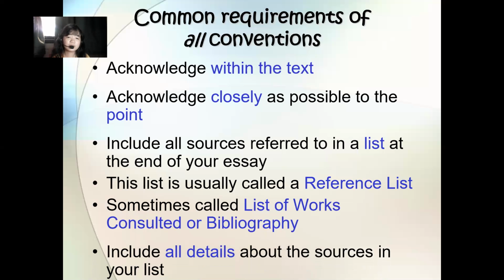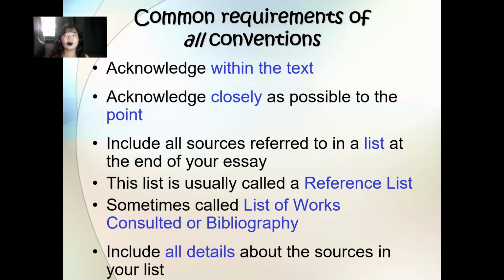Please include all details about the sources in your list, such as the name of the author, last name and initials, date published, name of the article, and if applicable the name of the journal, for example Journal of Tourism and Hospitality.